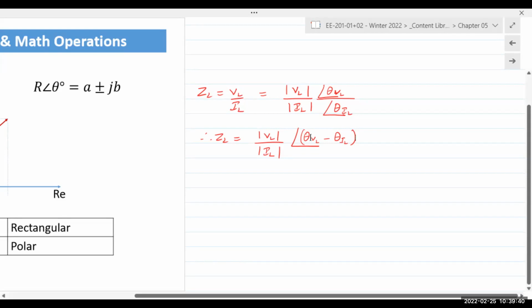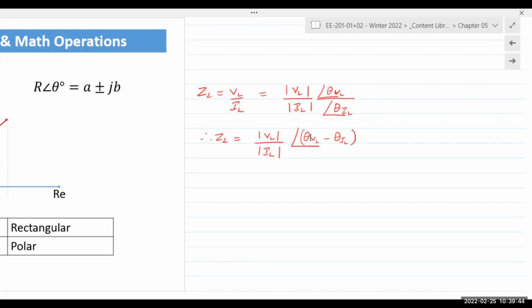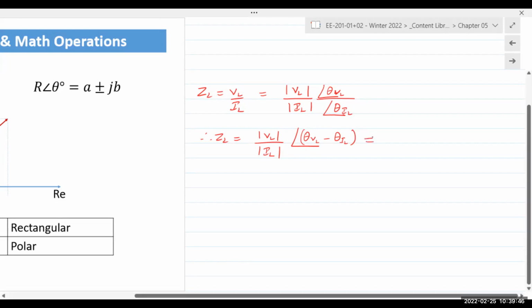So impedance for an inductor will always have plus 90. Theta of ZL is always plus 90.